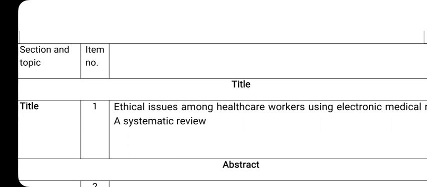Hence, in this systematic review, I would be identifying the ethical issues that are commonly faced by the healthcare workers.